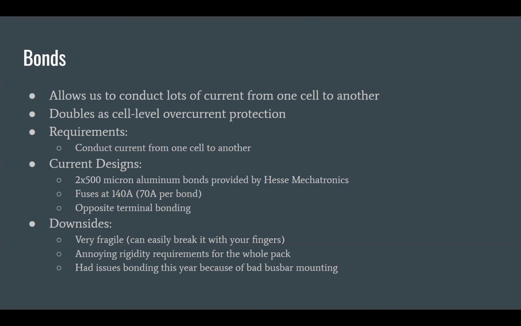And then we have a 175, actually 180 amp fuse on the battery pack. And that is exactly 1/3 of 560. The rule specifically says you need to have a fuse for your battery pack that is 1/3 or less the current rating of all the fusible links. And so that's why our overcurrent protection in the individual cells doesn't really make sense, because we had to meet that 1/3 rule from a larger battery pack.